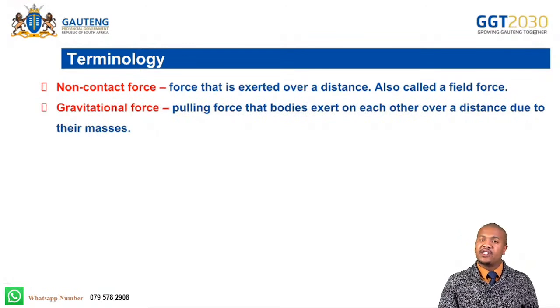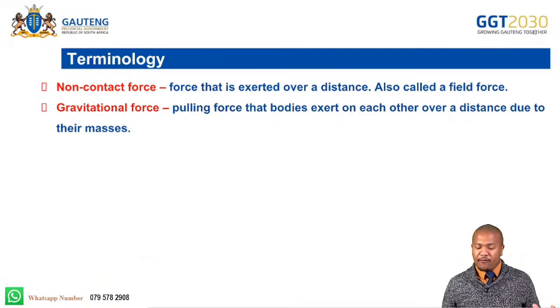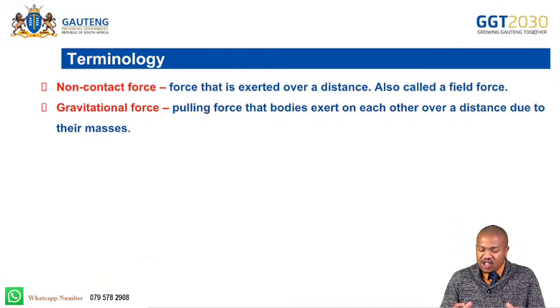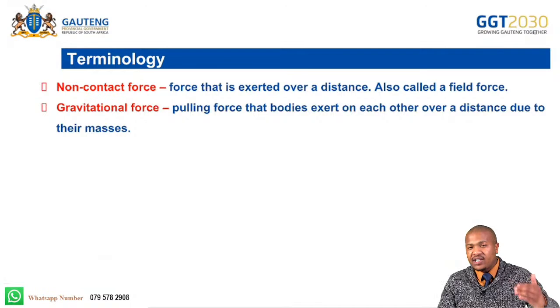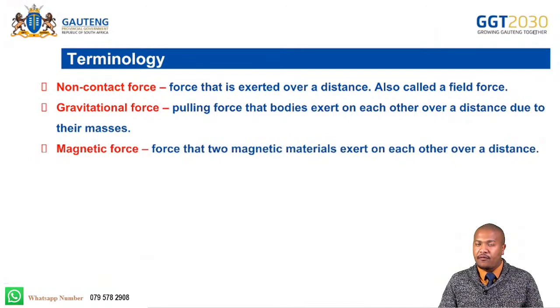Then we have gravitational force. Gravitational force is the pulling force that bodies exert on each other over a distance due to their masses. Then we have magnetic force, which is the force that two magnetic materials exert on each other over a distance.